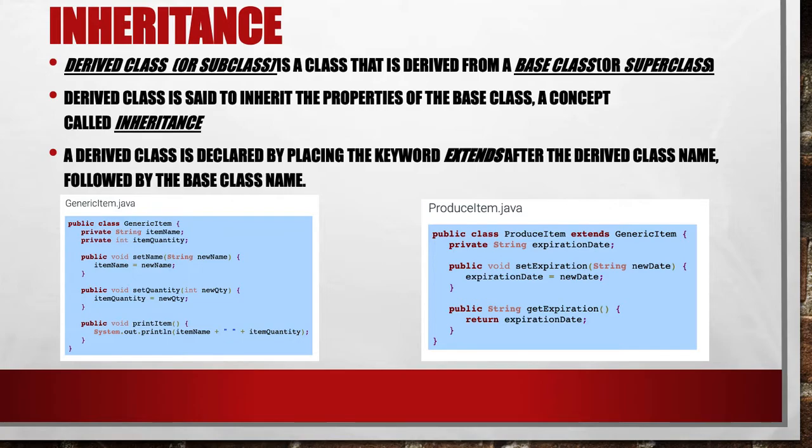I know you guys are a bit confused. Later we will see some examples. An object declared for a derived class type has access to all the public members of the base class. A derived class is declared by placing the keyword extends. So this is basically the base class in the program.